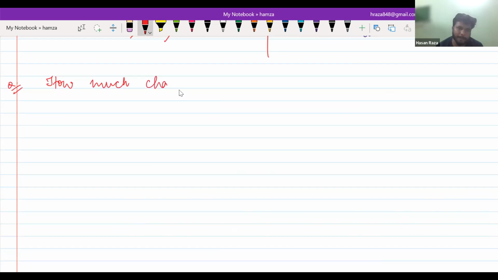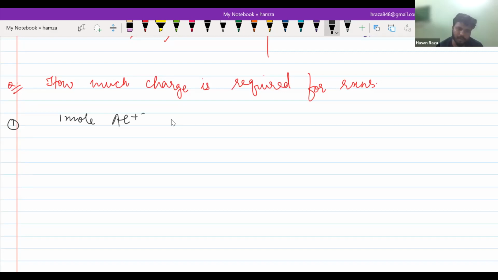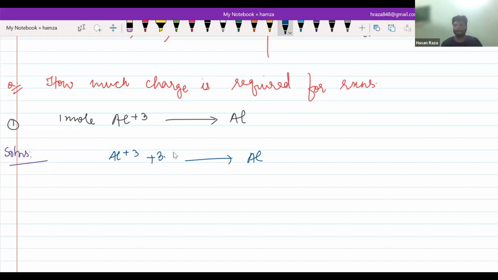How much charge is required for the following reaction: 1 mole Al3+ to Al? If you are going to change 1 mole Al3+ into Al, how much charge is required? See how we are going to solve it. It's very easy. Al3+ will be converted into Al by gaining 3 electrons. Yes or no?